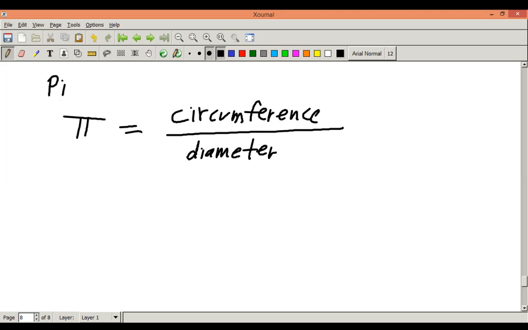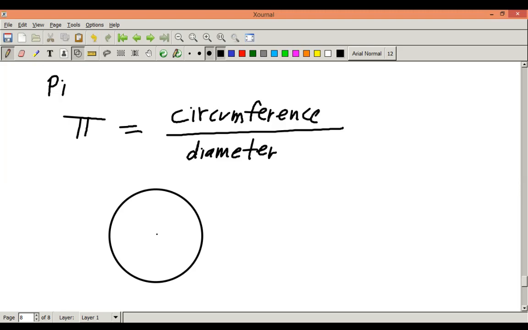So your scientific calculators have a pi button, but as a geometry student, your job is to understand where that number comes from, not just by hitting a button and looking at a display. If you take any circle, it doesn't matter how big the circle is. It could be 10 centimeters or it could be 10 million miles.